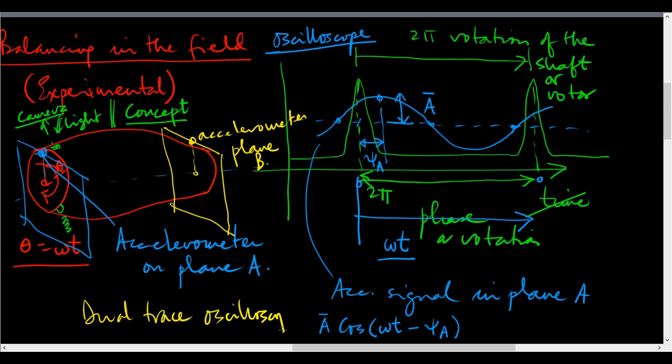I could have multi-channel data, but if I have a dual trace oscilloscope, then first I can measure this green signal, which is from the reflector tape, and the blue signal, which is the accelerometer in plane A. And separately, next time I can again measure the green signal and a yellow signal for the accelerometer in plane B. Okay, so when I do that, it will have some other value.